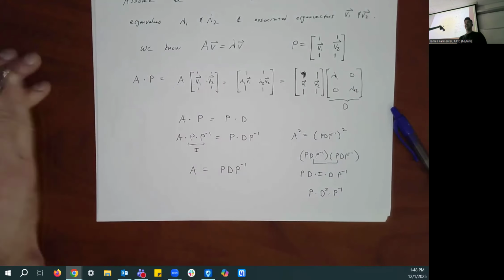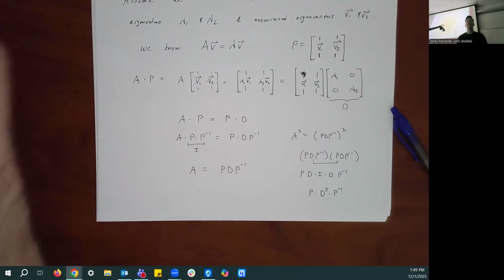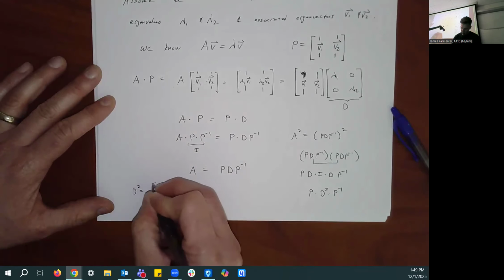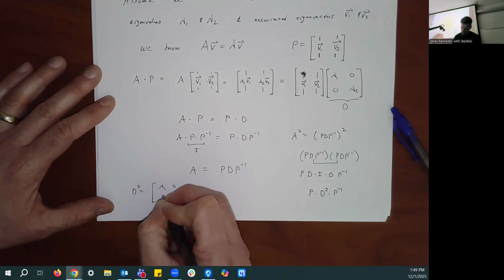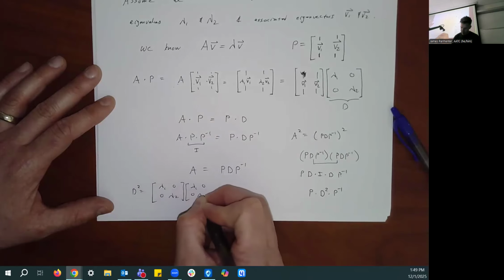And diagonal matrices raised to higher powers are easy to calculate. D squared is super easy here. D squared is just lambda 1, 0, 0, lambda 2 times lambda 1, 0, 0, lambda 2.